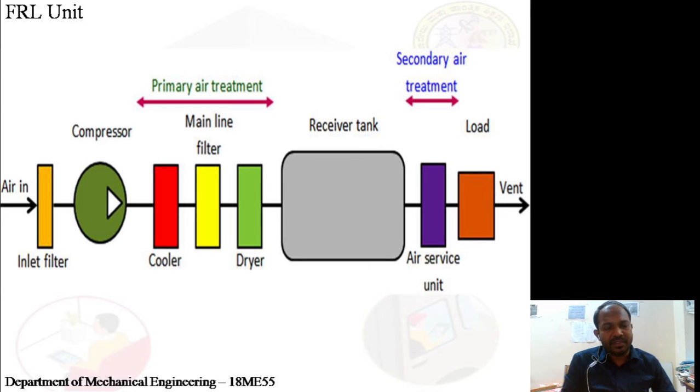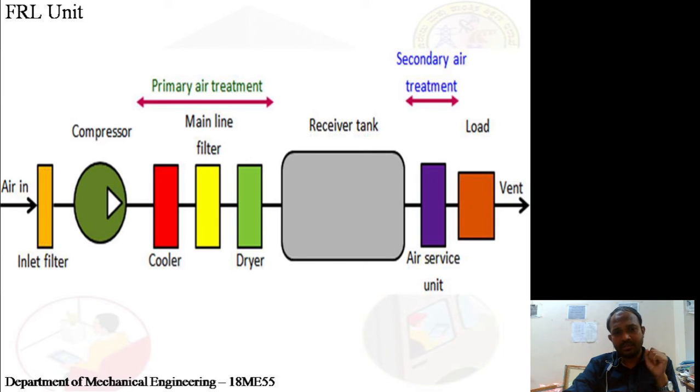Once it is compressed, the dew point effect will also be there and the moisture content will be 100%, and then the cooler cools this high pressure and temperature air, so that only high pressure air remains and the temperature is removed.